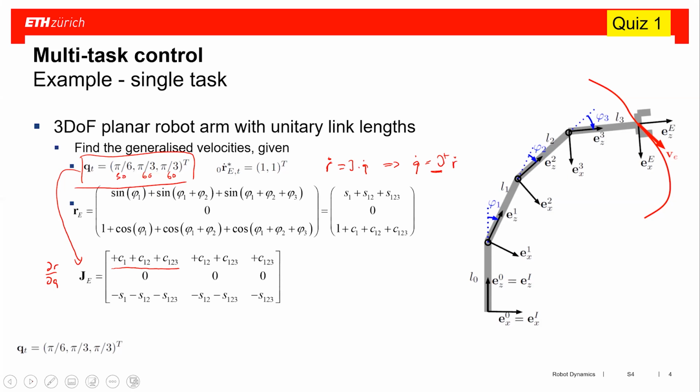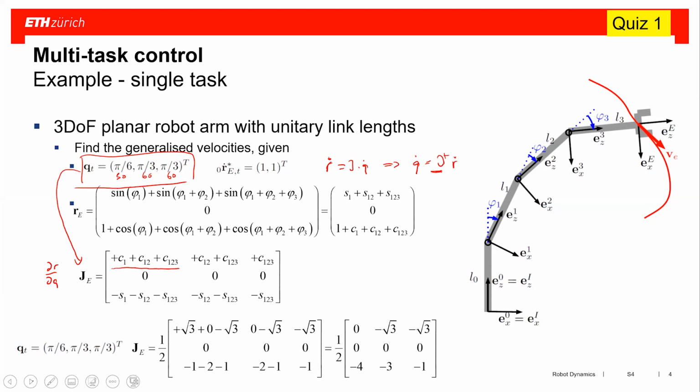So we take this Q at time t and we evaluate the Jacobian at time t. So we have to insert the angles here. And again, these are 30 or 60 degree angles, which means we have to know square root of 3/2 or 1/2 for the sine and for the cosine, and we enter these values in our Jacobian, and we get the 3x3 Jacobian.